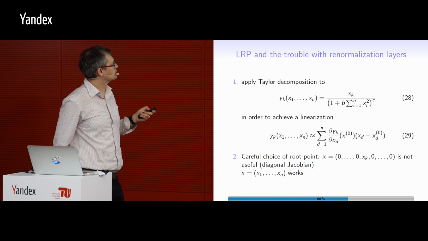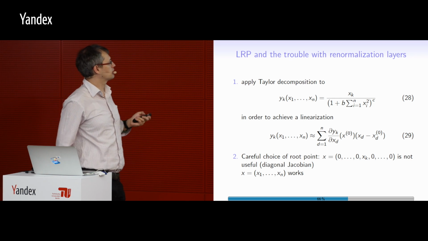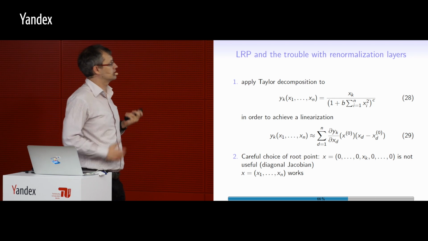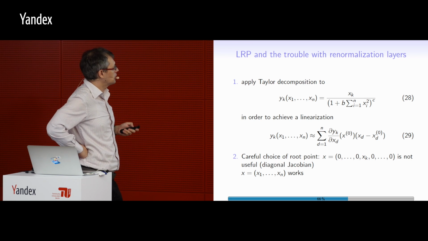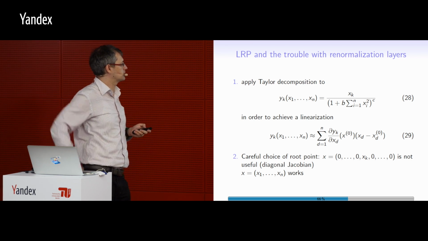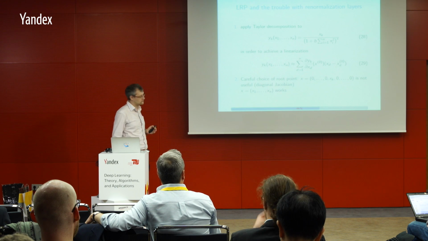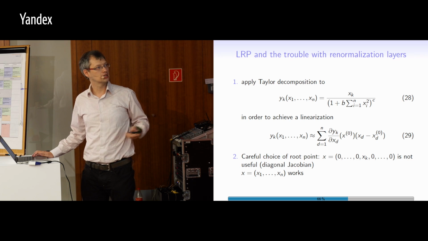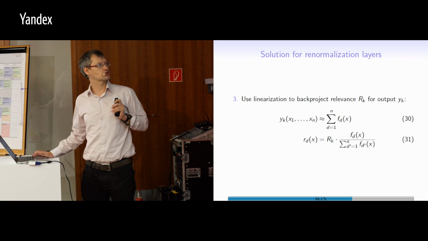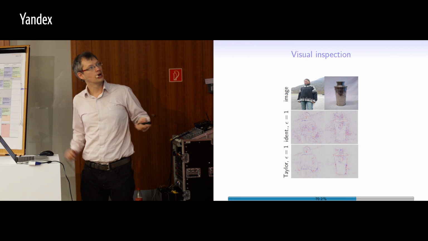The idea that we follow is, because we want to have this linearization, we apply a Taylor decomposition. We have to be careful about choosing the root point, because if you choose the root point wrongly, you just get something like a diagonal Jacobian that doesn't help much. But if you take your input point and use just some simple algebraic transformation, then it works better.